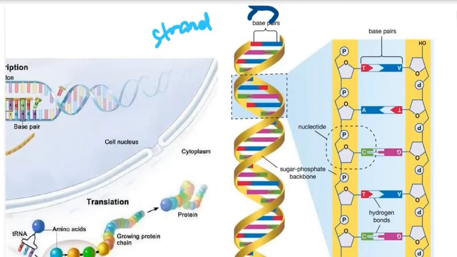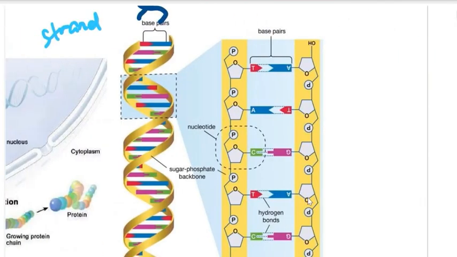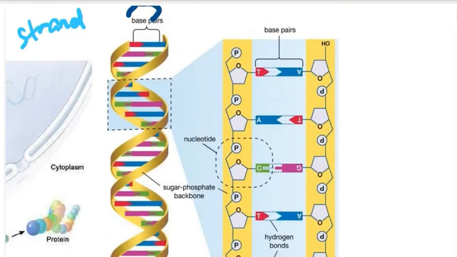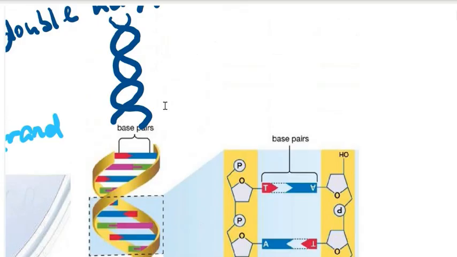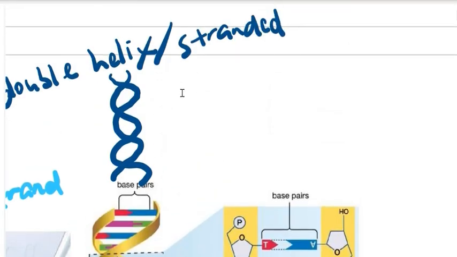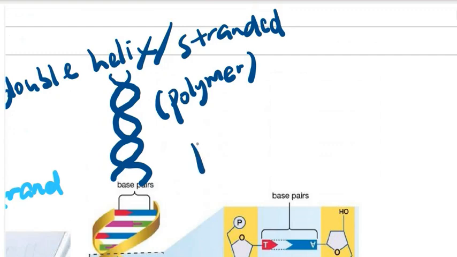Okay, so let's look at the structure of DNA, since DNA is very important, right? DNA is a polymer, because it's a very large complex structure. When we talk about a polymer, it's just like a very complex building, like a house.